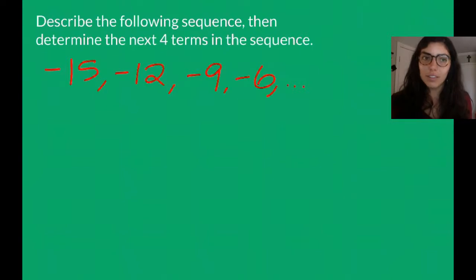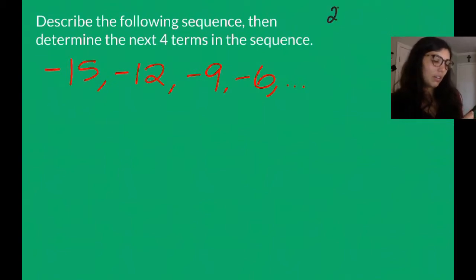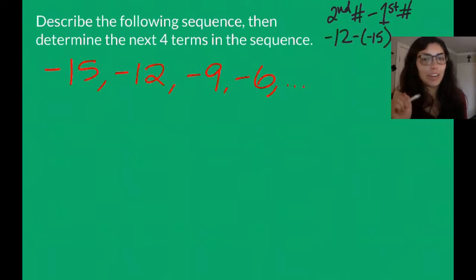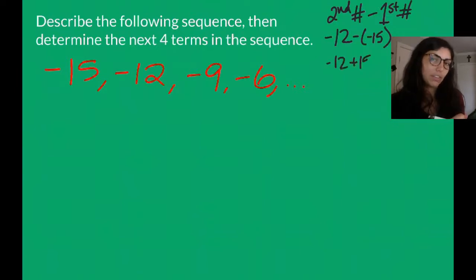So let's try this. The way that I get from -15 to -12 is kind of confusing. So if I use that formula that I wrote down earlier, where it's the second number minus the first number, okay, I'd have -12 minus -15. Minus a negative, y'all know I hate that. Minus a minus is really just plus, so I'm doing -12 plus 15.